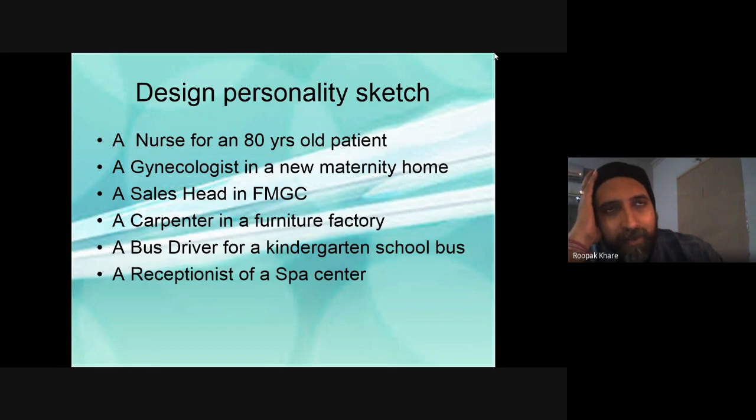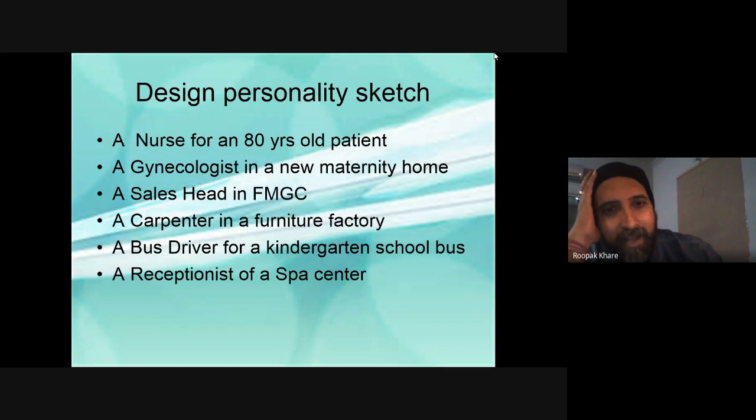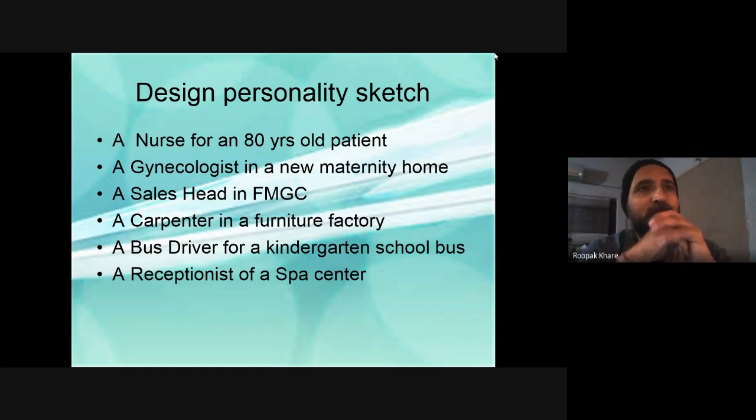Usually men, and that too a middle-aged person. Yeah, carpenter in a furniture factory. So bus driver, carpenter, you usually imagine men doing these jobs, and receptionist, most of the time you expect a woman doing these jobs. This is how we perceive usually.